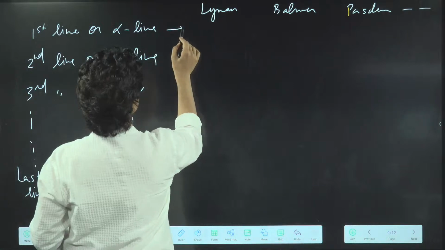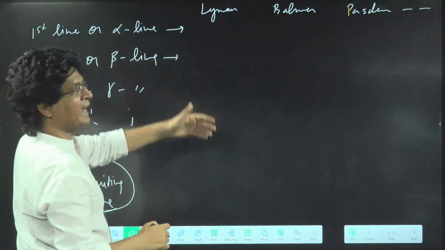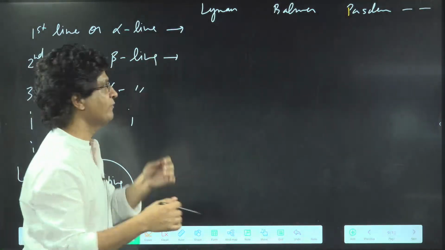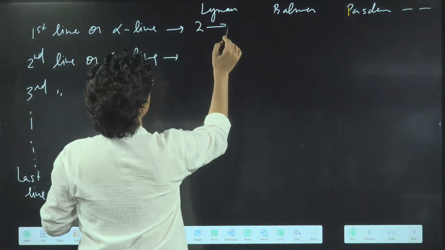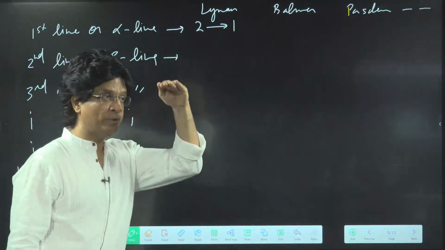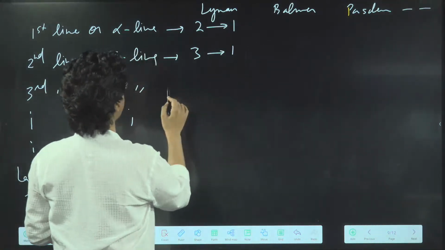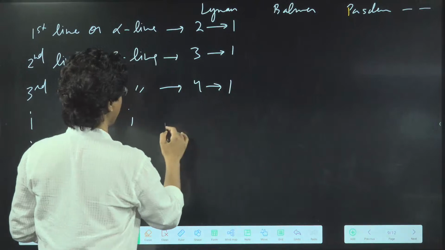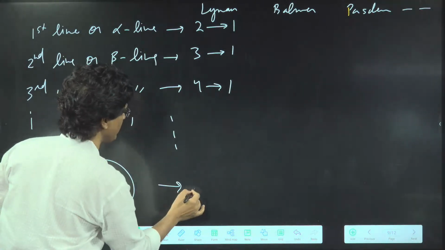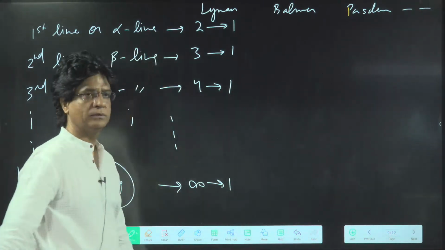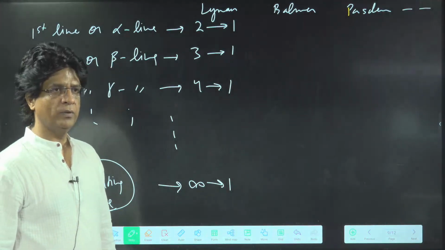Tell me. For the Lyman series, the first line or the alpha line will be formed when the electron falls from 2 to 1. The first line will be from just 2 to 1, just above. Then 3 to 1, 4 to 1, and so on. And the last will be infinity to 1. Very good.